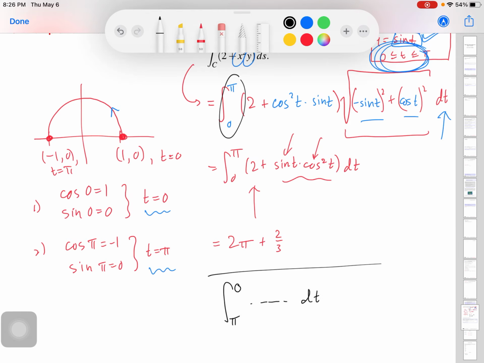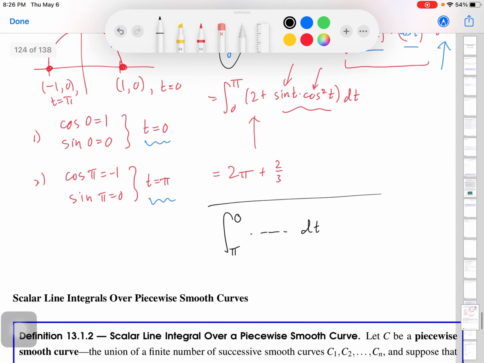Okay. One of the properties that you can verify, and I'll write it down here in more abstract notation, is that if I find the line integral of f of x, y with respect to arc length over the curve C, it's the same as if I took the opposite orientation, which I'm going to denote here, as is commonly done, with a minus C. So if I took the opposite orientation for the curve C, if I parametrized it in the opposite direction, one of the properties of line integrals that you can show is that these two line integrals are actually exactly the same.